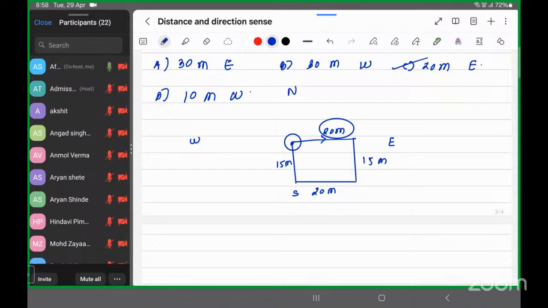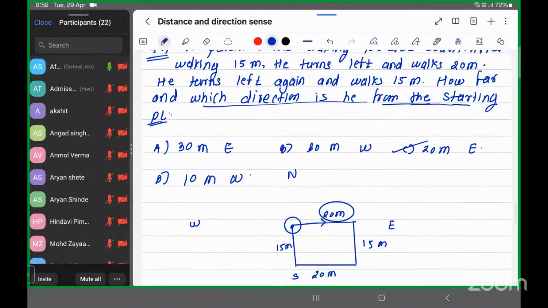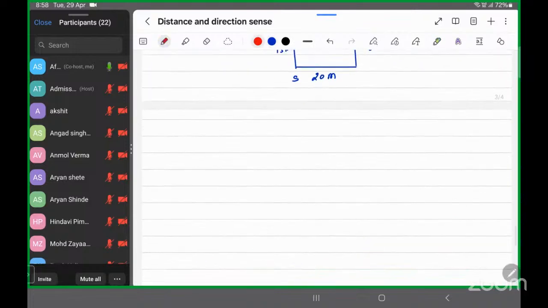Just a minute. Write down the next question. Question number 5. It is a very interesting one.